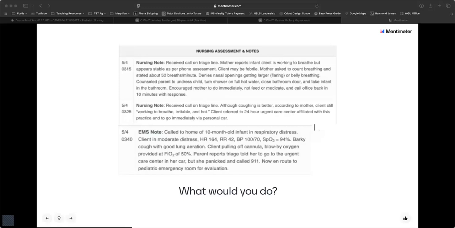What are we seeing with this baby? Coughing. Yep, we have a barking cough. That's our telltale sign right there. A little bit of tachypnea, we definitely have increased work of breathing, maybe a fever.